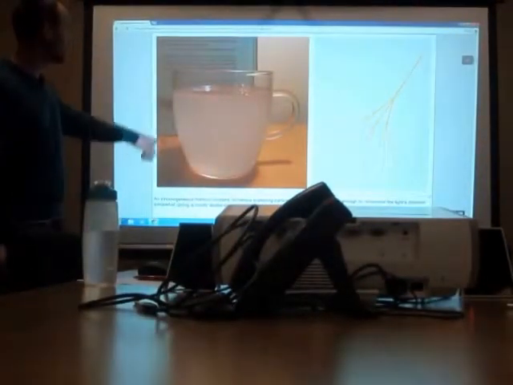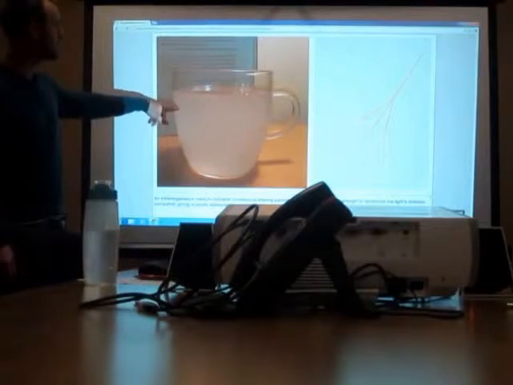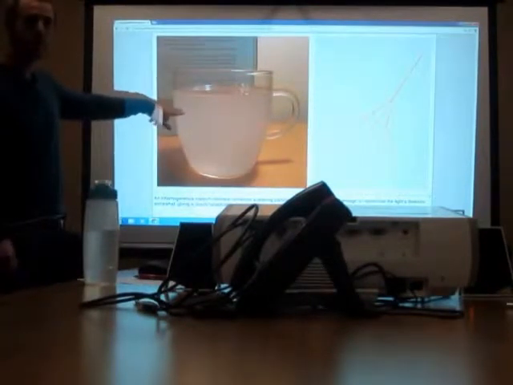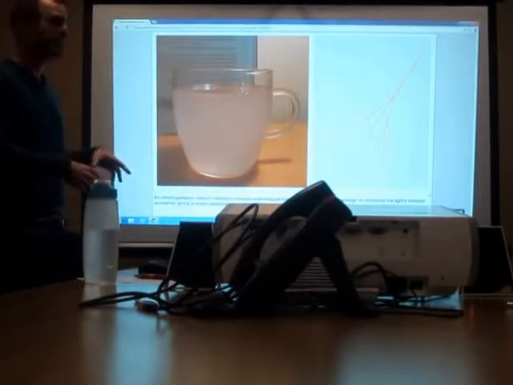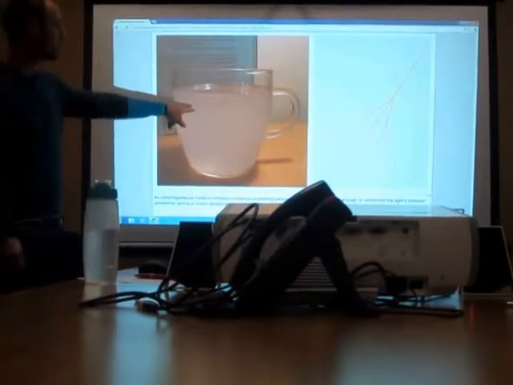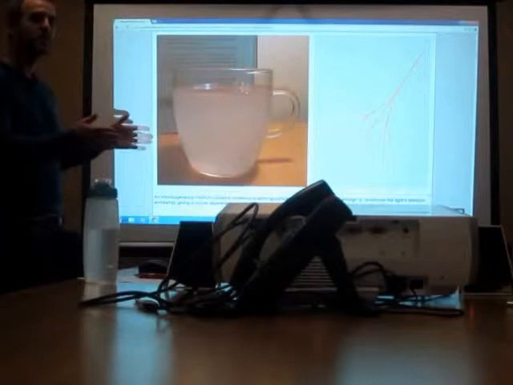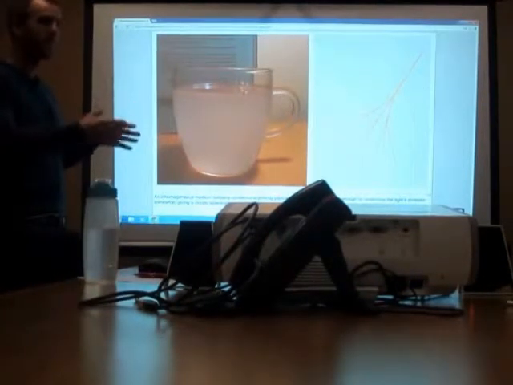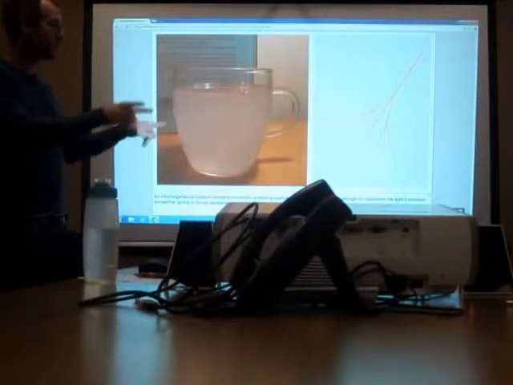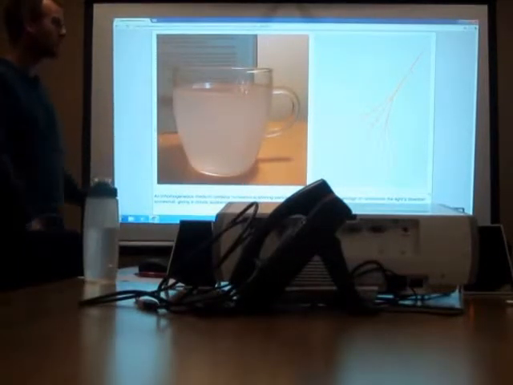So here's a cloudy liquid, and it's cloudy because it's an inhomogeneous medium where you have some different size particles suspended in the water. As the light bounces off each one of these particles, it changes the direction and causes this big light ray, which is many photons, to scatter and go in all different directions.